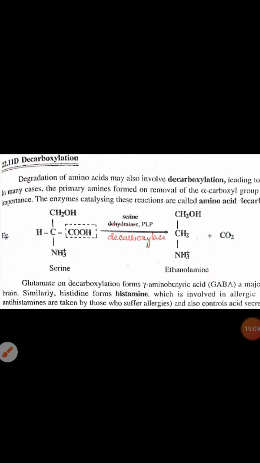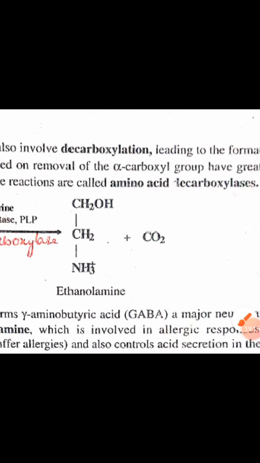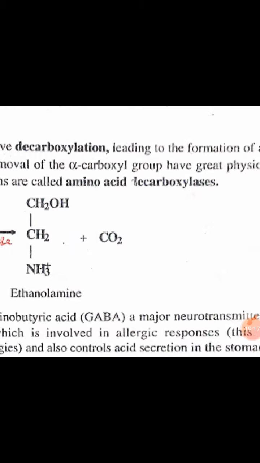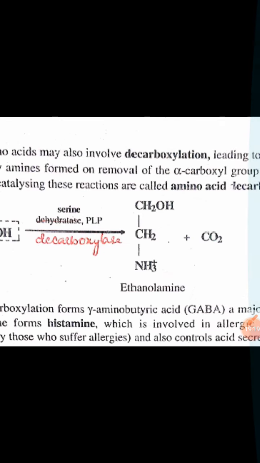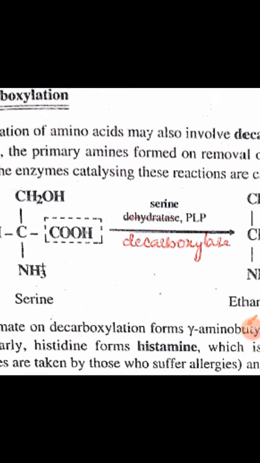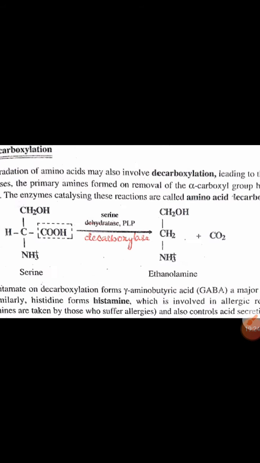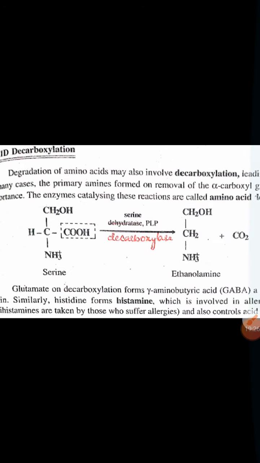But if they ask you for glutamate specifically, mention glutamate on decarboxylation forms gamma amino butyric acid, a major neurotransmitter in the brain. And if they ask you for histidine, histidine forms histamine, which is involved in allergic responses and controls the acid secretion in stomach.